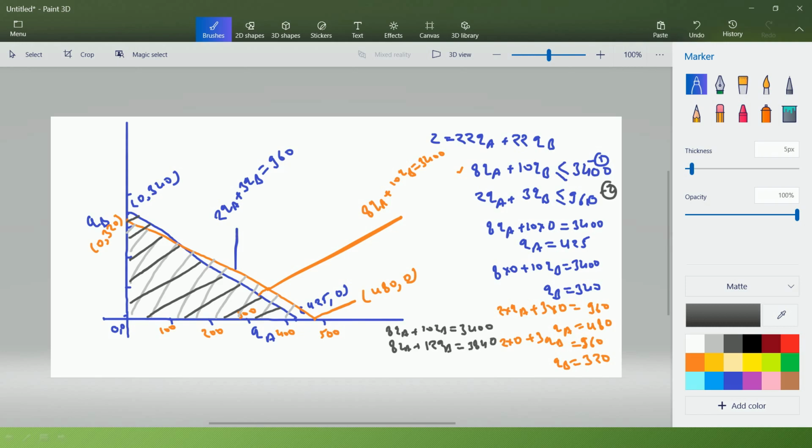So from here we will have 2QB equal to 440, and this will give QB as 220. And putting this in the equation, we will have QA equal to 150. So the intersection point will come here.